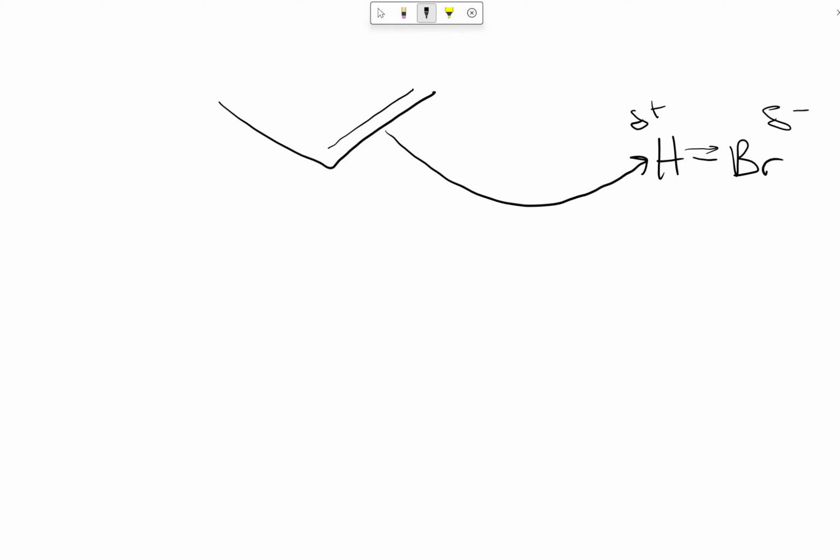As the hydrogen comes into the molecule, the propene, this hydrogen bromide bond will actually break, and it will break heterolytically. Heterolytic fission speaks to the fact that the electron pair in the bond moves towards one species.